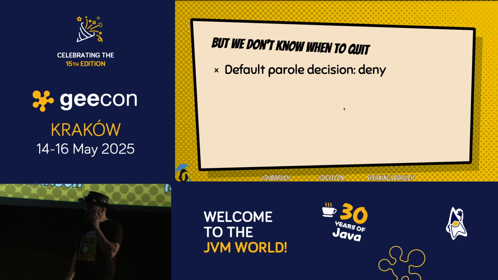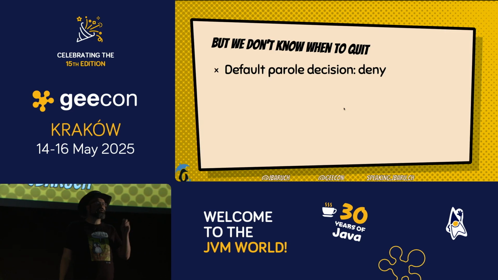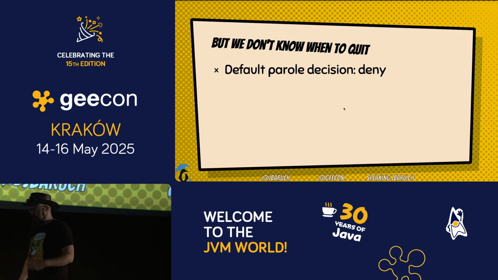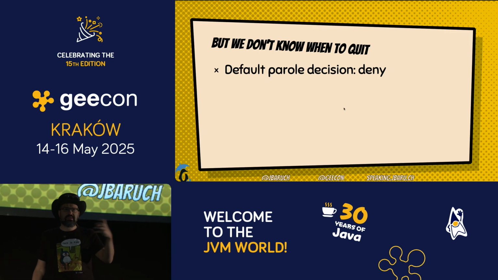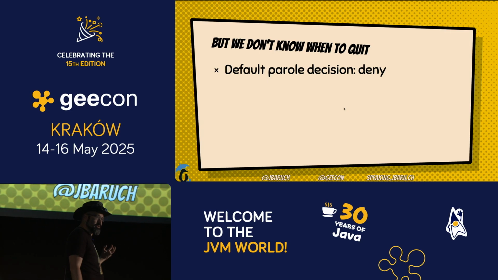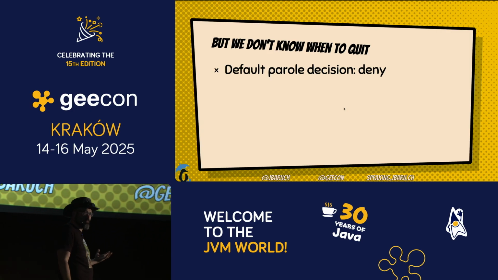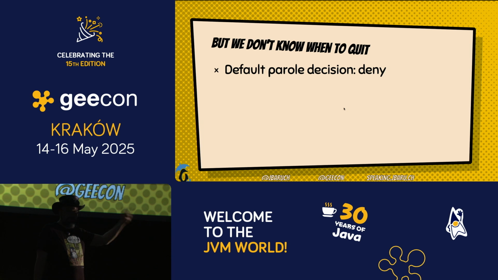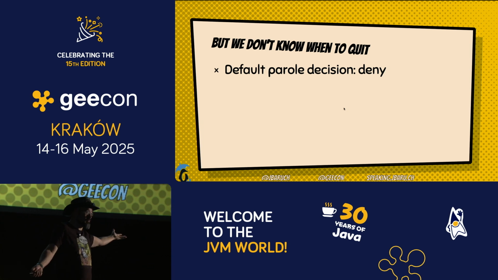So he observed parole judges who will either grant paroles or deny paroles. The default decision for this panel of parole judges is obviously to deny parole. They need to be convinced to let someone go who still has a sentence time to serve.